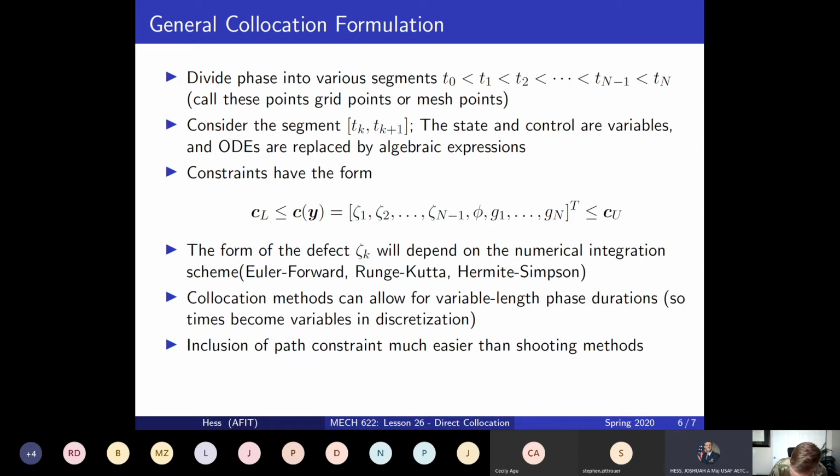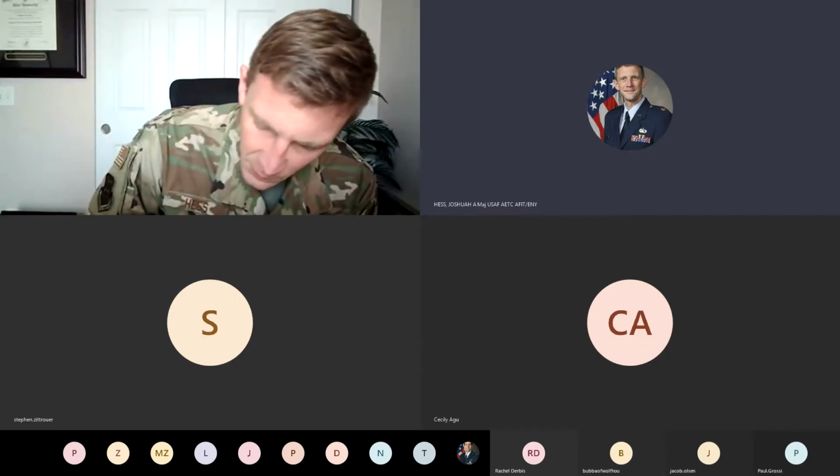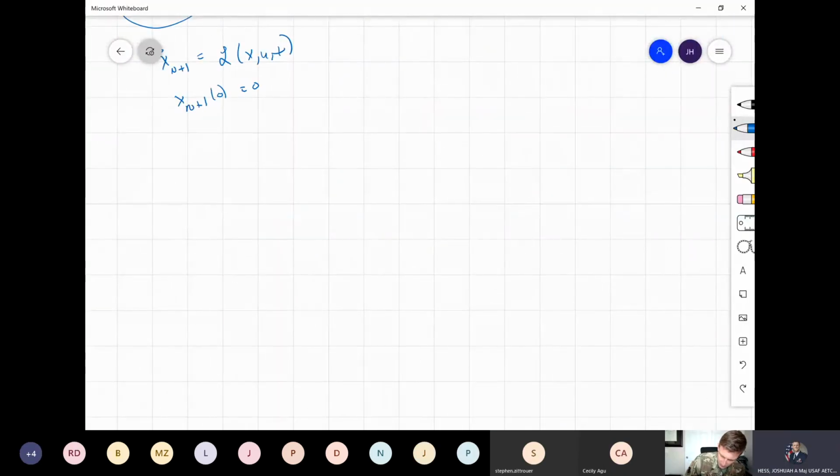All right, so let me go to the whiteboard here for a second. Let's just do a notional thing. I go through and at t1, t2, t3, t4, and maybe over here at t5.